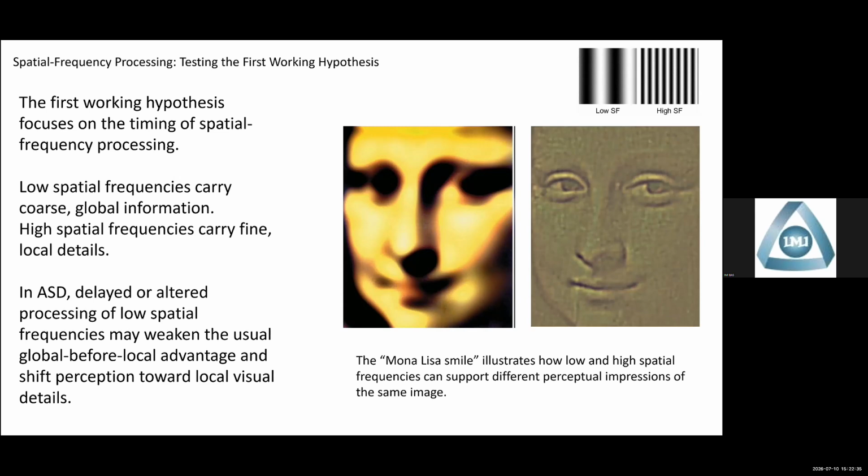That is why they are focused on high spatial frequencies and local visual details, and that is why they tilt their head and try to filter information that is noisy and that makes it difficult to appreciate low spatial frequency.